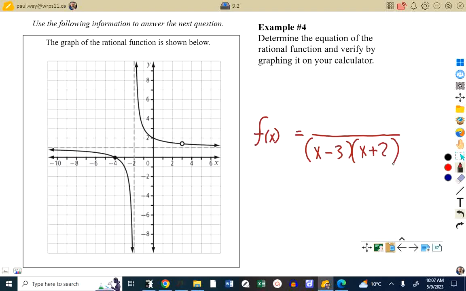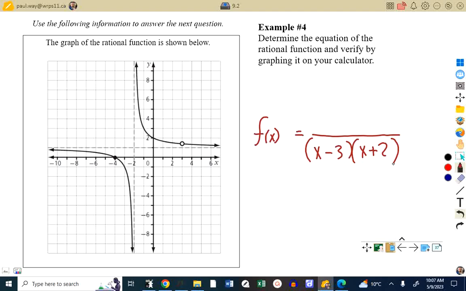Why? Yeah, because of the hole and the vertical asymptote? Right, because of the hole at x equals 3 and the vertical asymptote at x equals negative 2. In other words, because there are two non-permissible values, negative 2 and positive 3. So those are the zeros of these two factors.